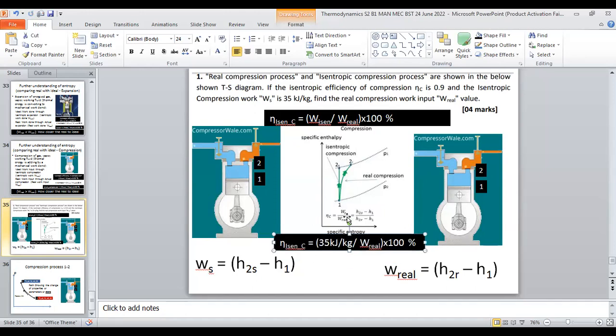So efficiency here is 0.9. In the designs, somehow they can get this efficiency of 0.9. So 0.9 means this is 90, okay? Efficiency is 0.9 means this is 90, or the ratio. So you can write this as 90.